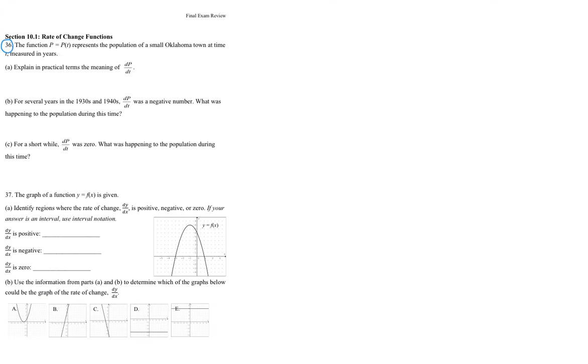So now we have the function P is equal to P(t), and it represents the population of an Oklahoman town at time t measured in years. The practical meaning of dP over dt is the rate of change of the population with respect to time.